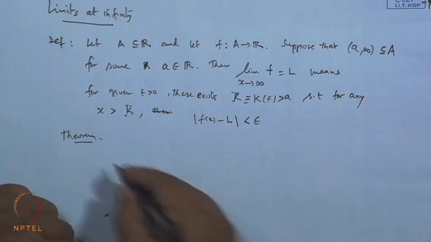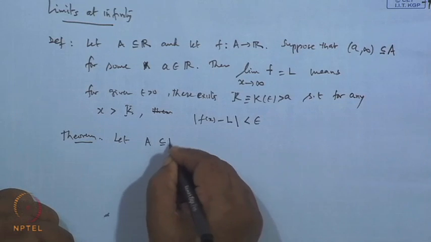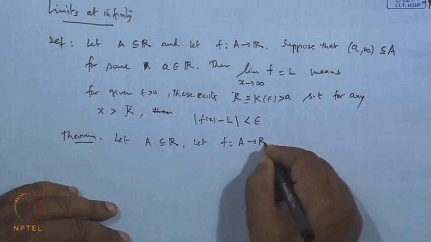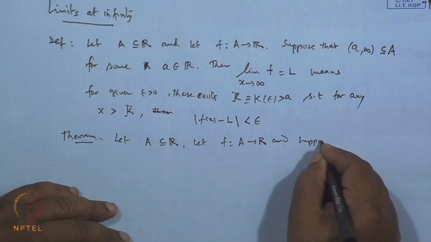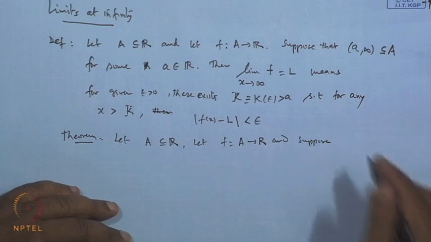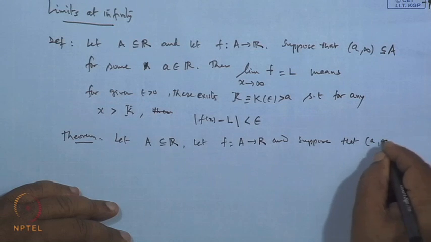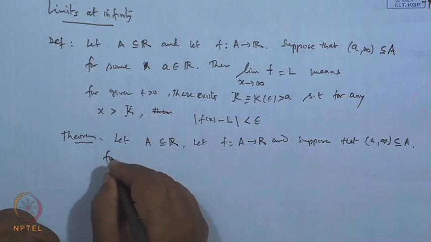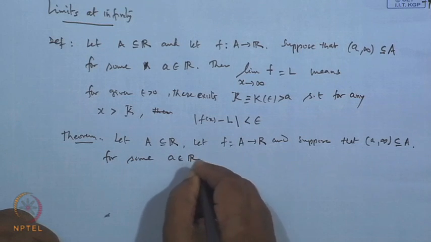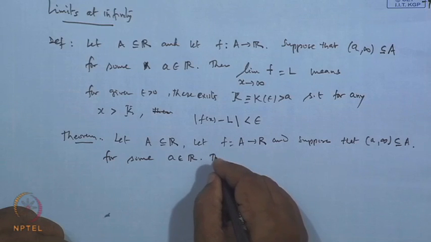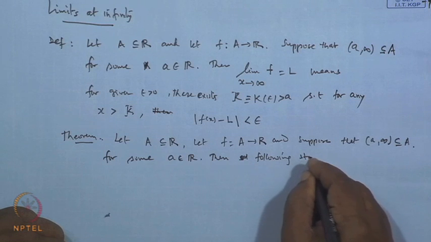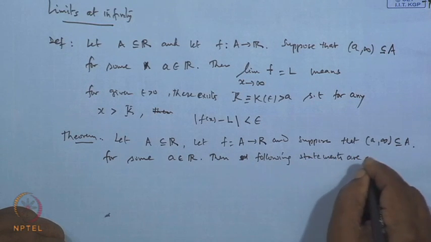Let A be a subset of R and let f be a mapping from A to R, and suppose that the interval (a, infinity) is contained in A for some a belongs to R. Then the following statements are equivalent.